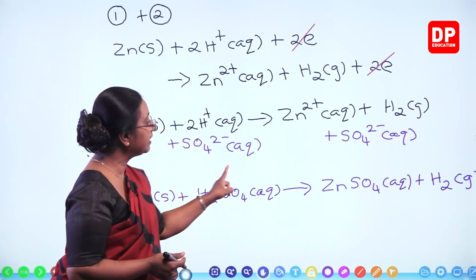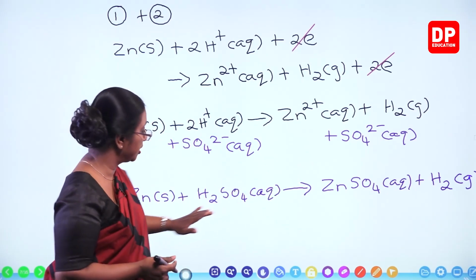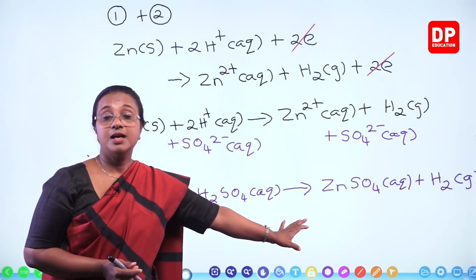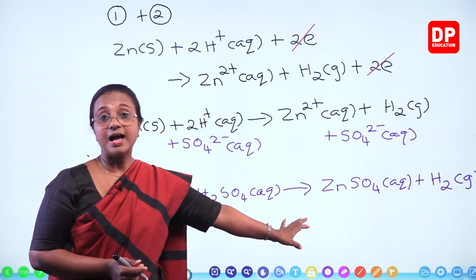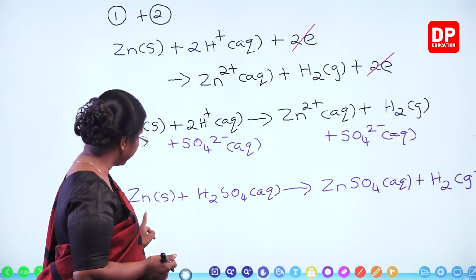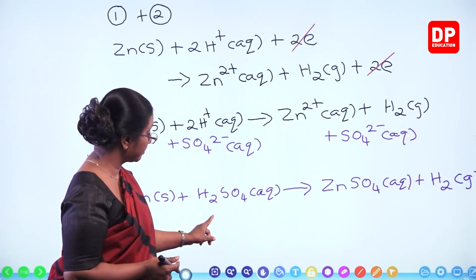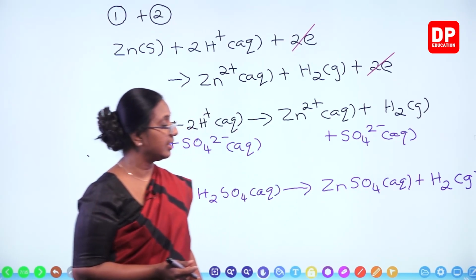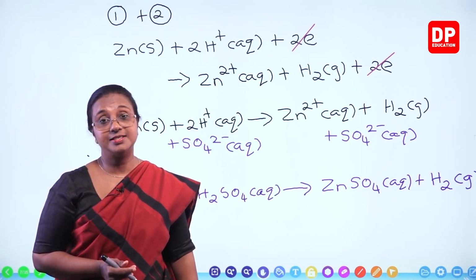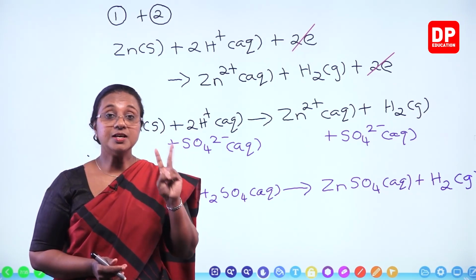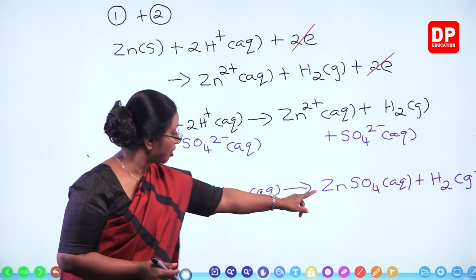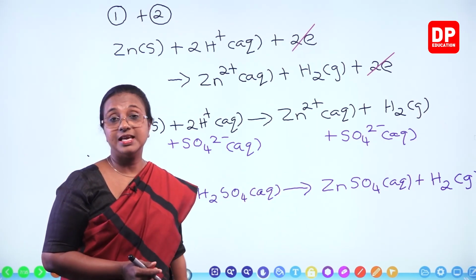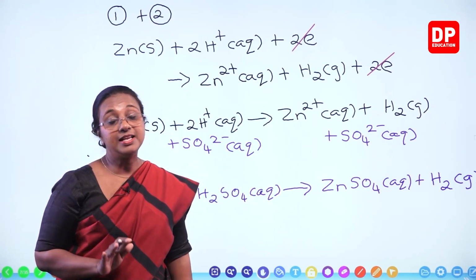But since sulfate ions are there in the solution, you can write the complete reaction with all the ions there. So zinc solid reacting with sulfuric acid aqueous, giving rise to zinc sulfate aqueous and releasing hydrogen gas. So those are the observations. Zinc dissolves and hydrogen gas bubbles are evolved near the zinc sheet. Is that clear to you all, students?